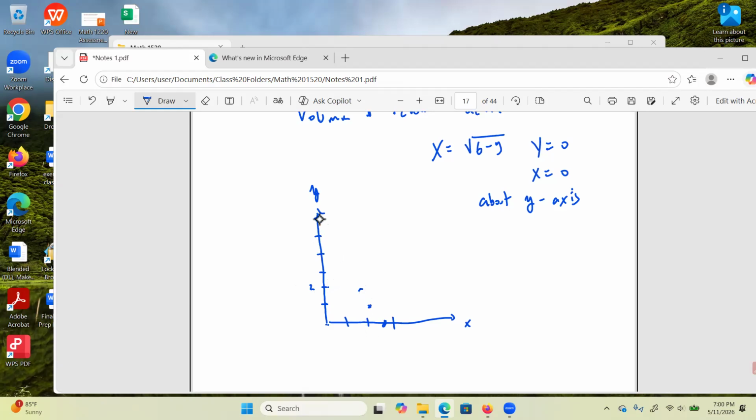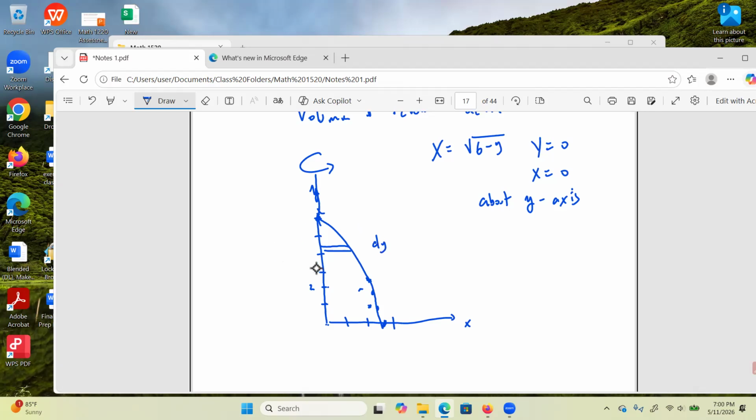So we're going to end up with a graph that's going to look like this. We'll pretend that we were better at connecting the dots. We're going to end up with something like this, and again, we want to revolve around the y-axis. So here are the little slices that I'm taking, my little dy's.